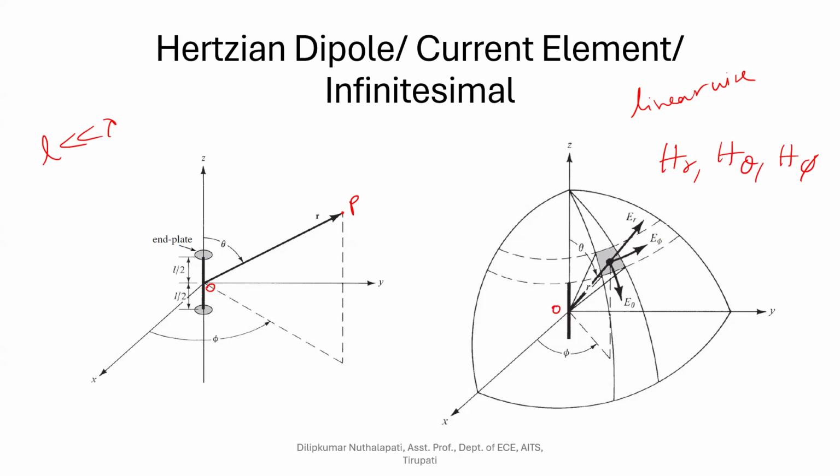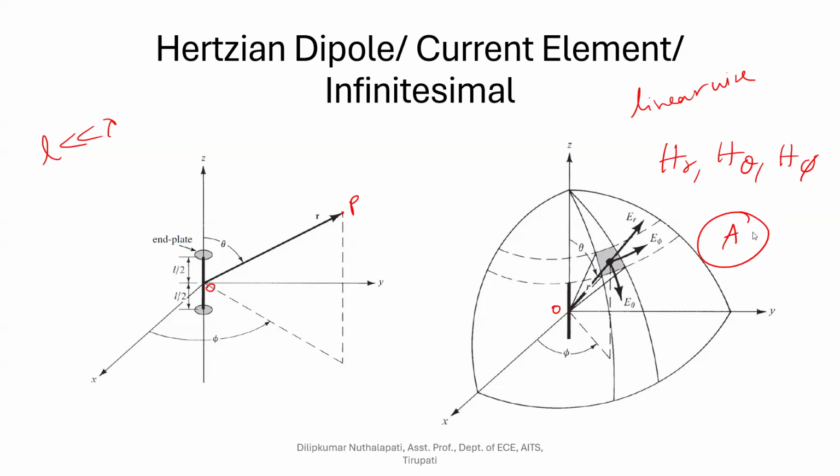In order to obtain all these, first of all we need to obtain the vector potential A in order to get the field components of electric and magnetic.